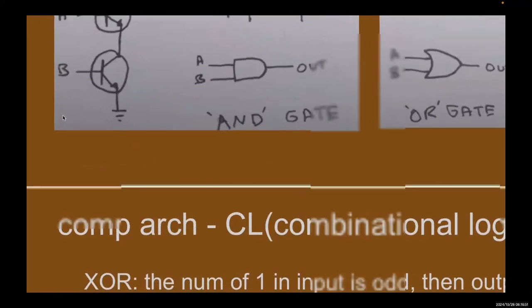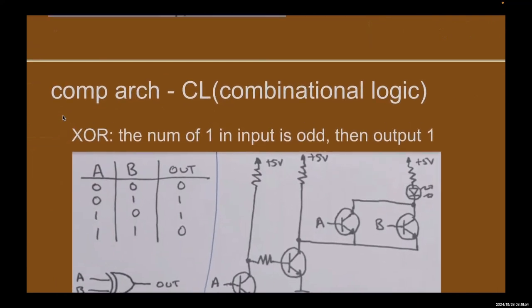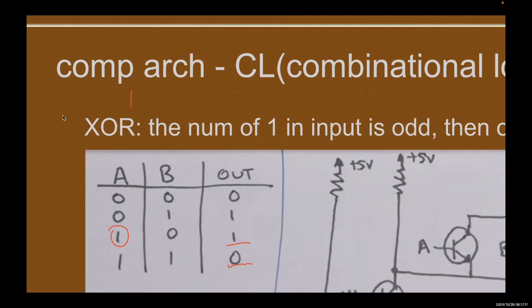And then it's the XOR gate. The XOR is saying that if the number of 1s in the input is odd, then the output is 1. So you look at the truth table. When there is one 1 in the input, the output is 1. If there are two 1s in the input, then the output is 0. So the XOR can also be written as this. 1 XOR 0 XOR 1 XOR 0.